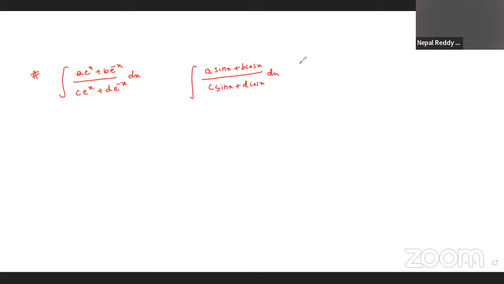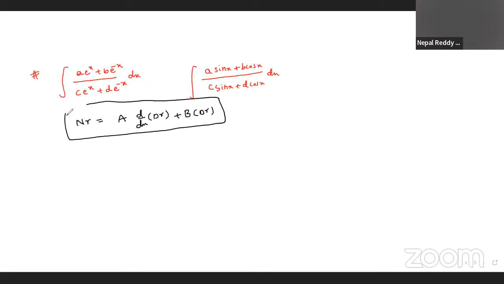Such type of problems can easily be solved by the working rule: numerator part equal to a into d by dx of denominator part plus b into denominator part. This is the suitable substitution working rule for these type of questions.